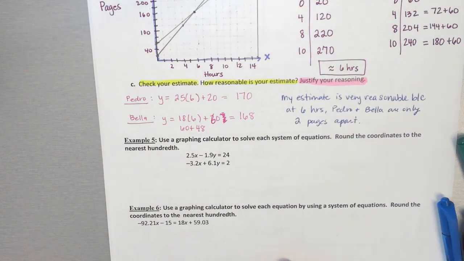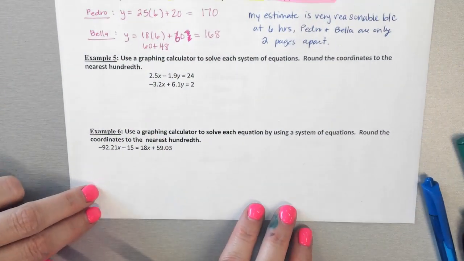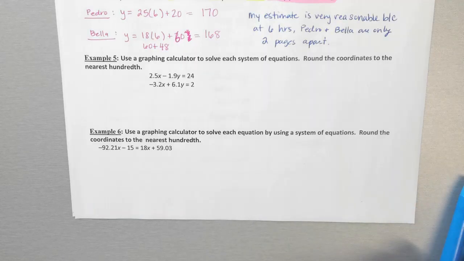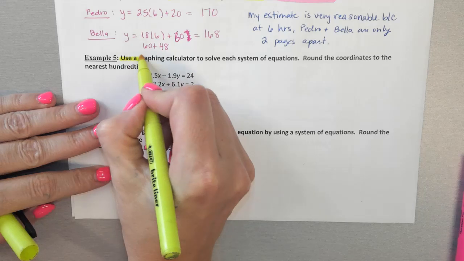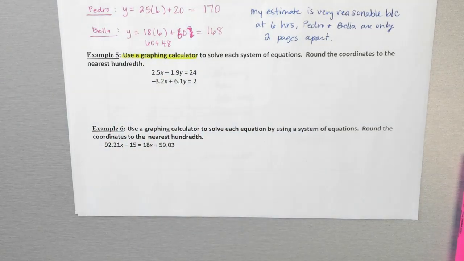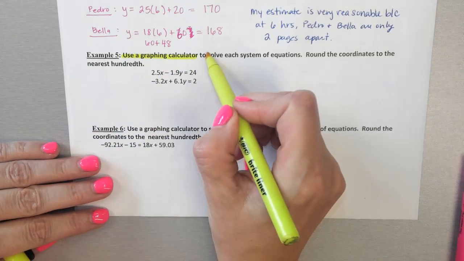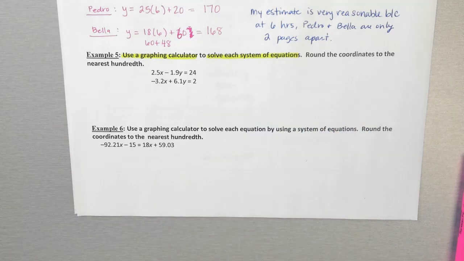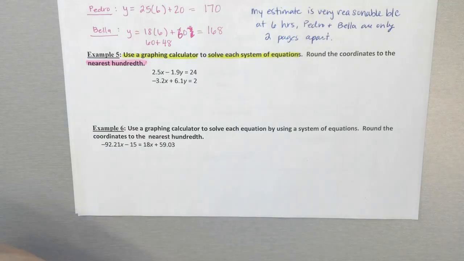All right, now on your next assessment, you're going to be able to use a graphing calculator, and you are going to have to use it to solve these systems of equations. Okay, and when you are rounding for these, we are going to round to the nearest hundredth.